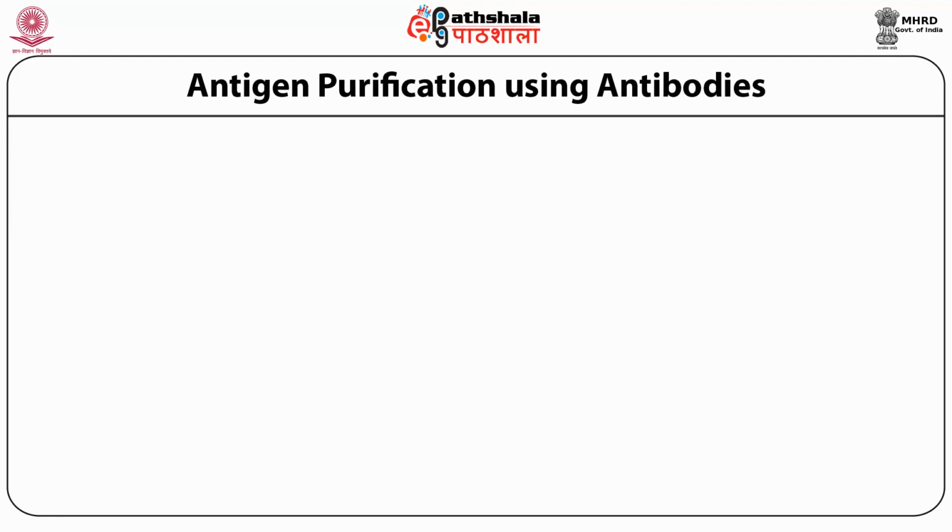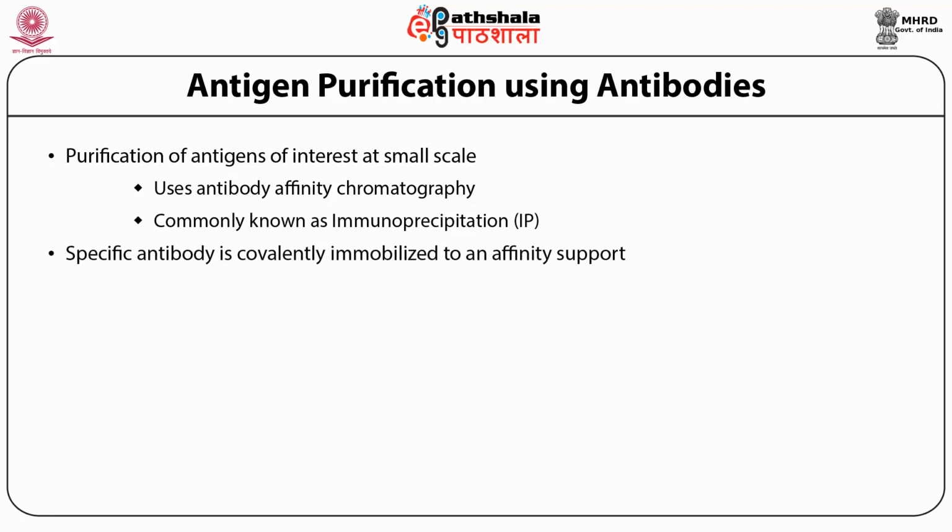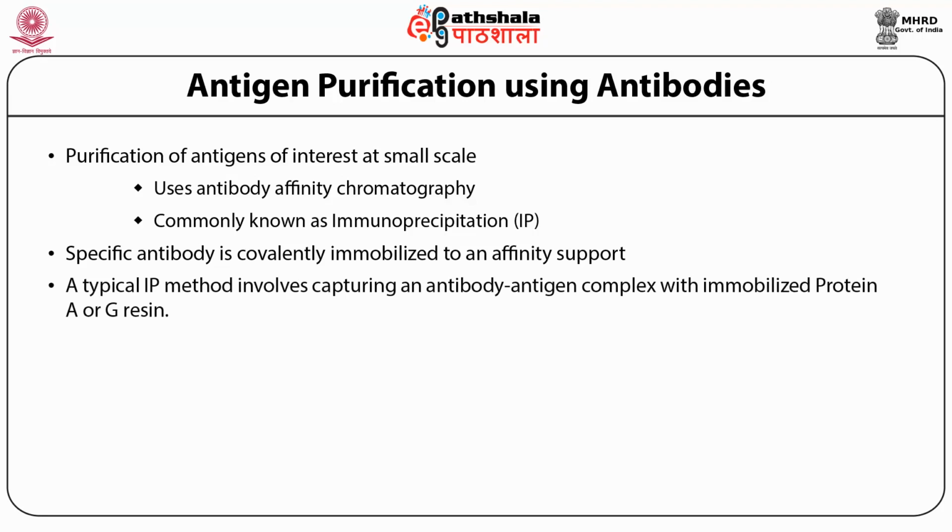In antigen purification using antibodies, antigens of interest can be purified at small scale using antibody affinity chromatography. This is commonly referred to as immunoprecipitation. In this method, specific purified antibody is covalently immobilized to the matrix. A typical immunoprecipitation method involves separation of an antibody-antigen complex using protein A or G resin.